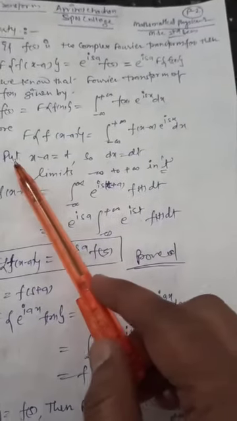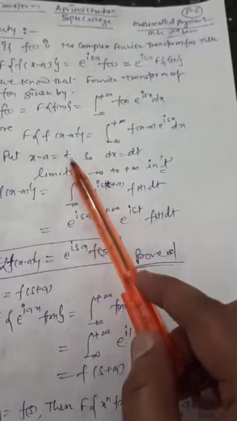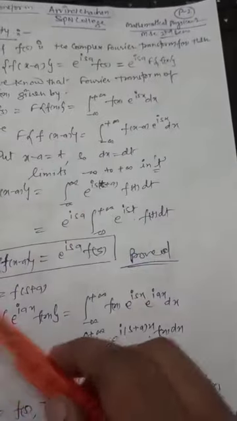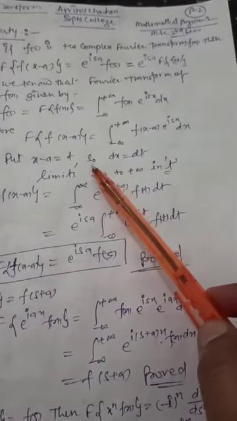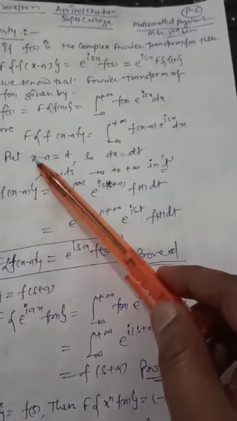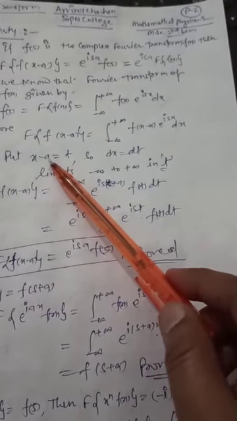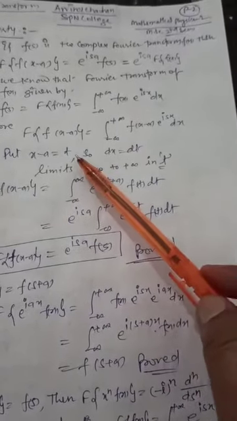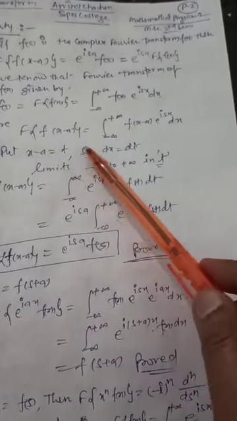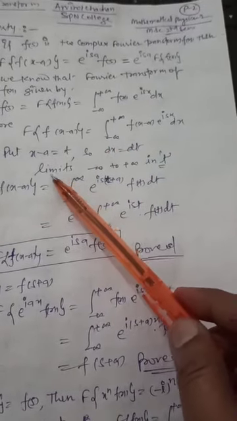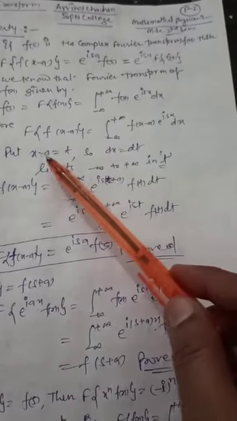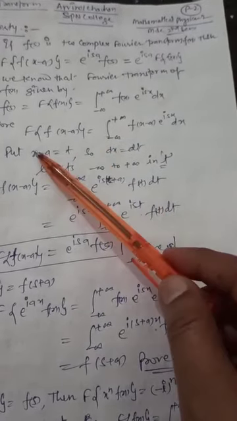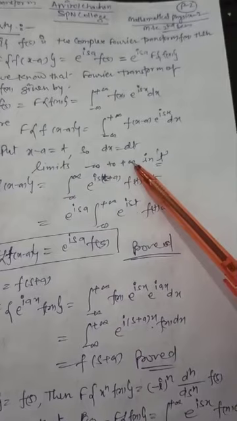Then put x minus a equal to t. Differentiating, since a is a constant, dx is equal to dt. If you change the variable, the limits may change, but minus infinity stays minus infinity and plus infinity stays plus infinity.